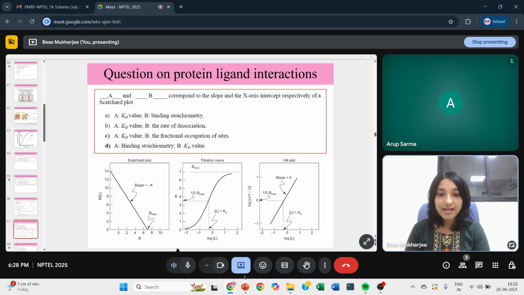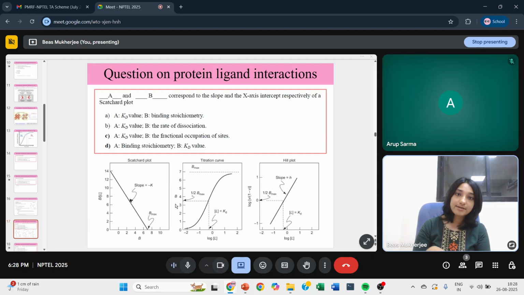I think this is the answer slide. Anyway, you try to answer. The options are: KD, binding stoichiometry; KD, rate of dissociation; KD, the fractional occupation of the sites; and binding stoichiometry and KD, where A and B are the x-axis intercept and the slope.